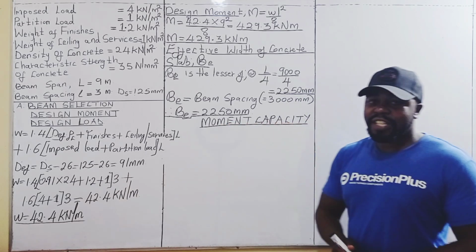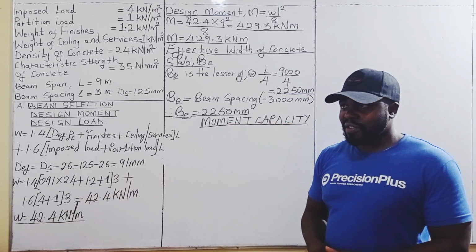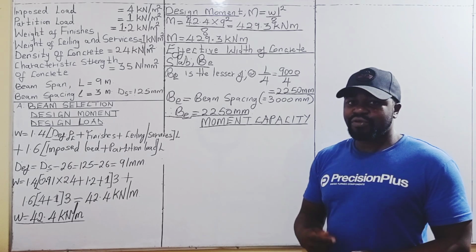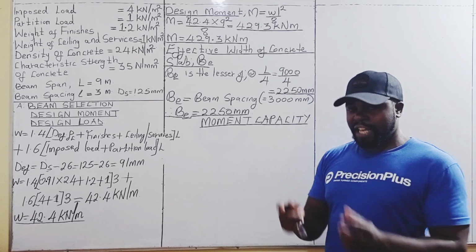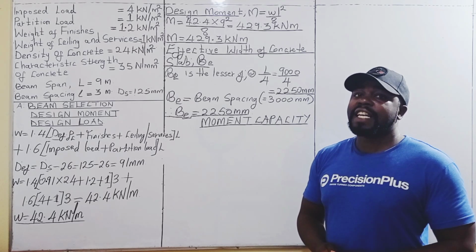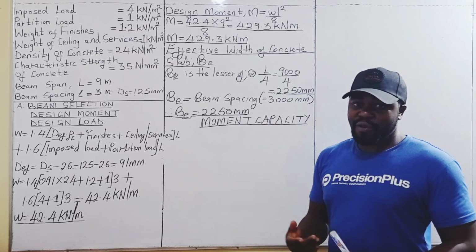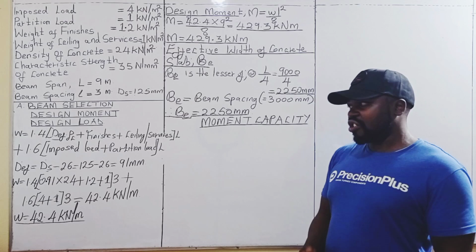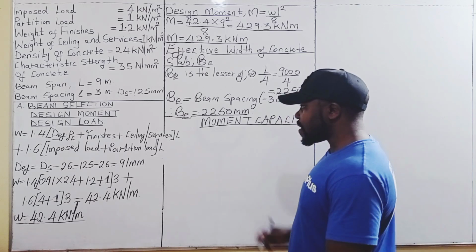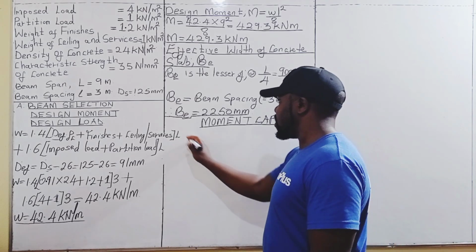Before we determine the value of the moment capacity, we are going to use trial and error to select a suitable UB steel section, which we are going to test whether it will be suitable or not.